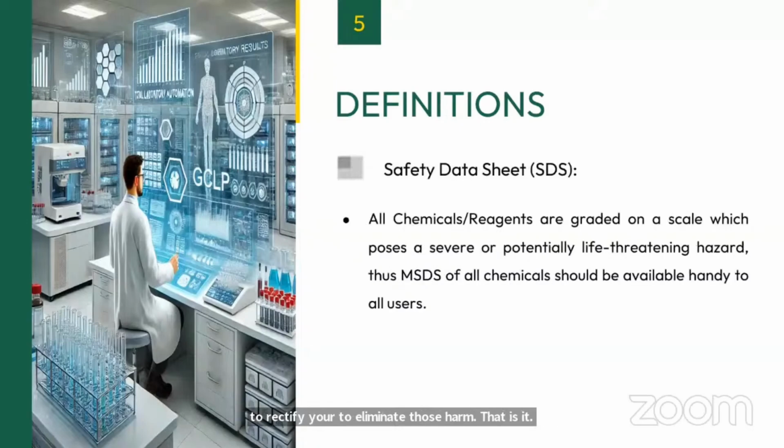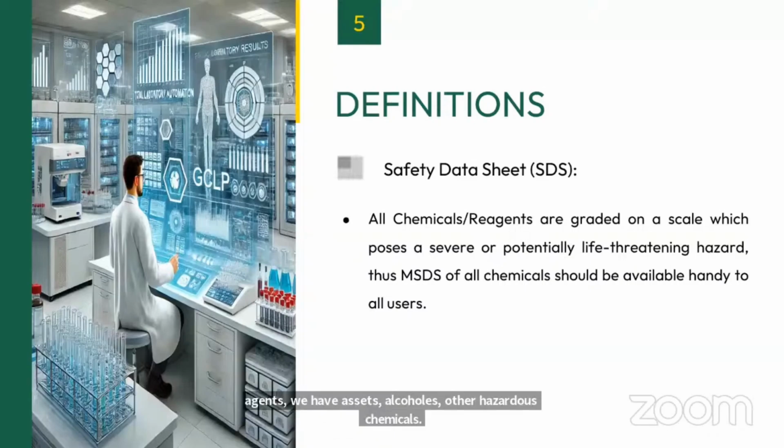Next is a safety data sheet. So safety data sheet, all chemicals, reagents are graded on a scale which poses a severe or potential life-threatening hazard. Thus, MSDS of all chemicals shall be available and should be handed to all users. So basically, in our laboratory, you might have seen we are using multiple chemicals, multiple reagents. We have acids, alkalis, other hazardous chemicals. So how to use them, how to handle them.